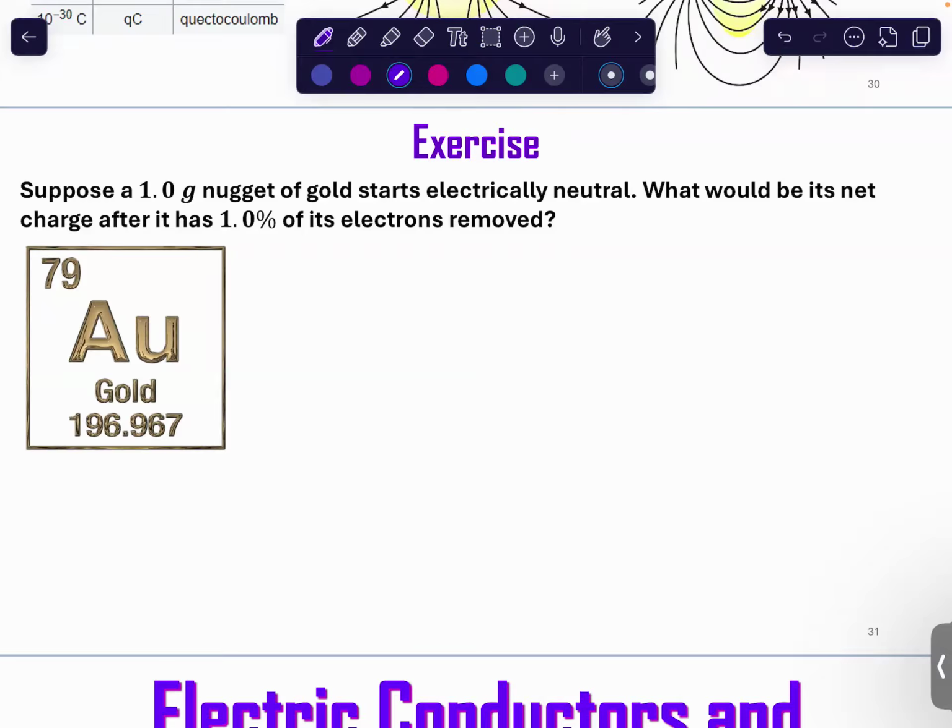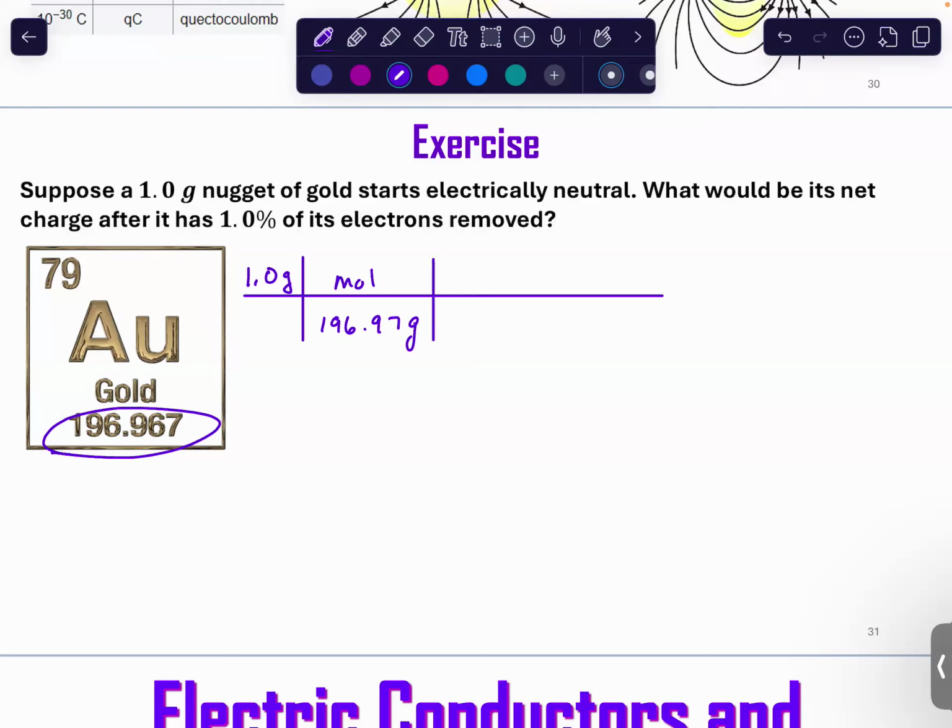We have 1 gram of this, per mole. Now what number do we use? Yep, Avogadro's number. Because remember, that number is the count in 1 mole of anything.